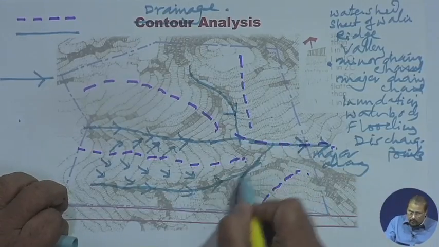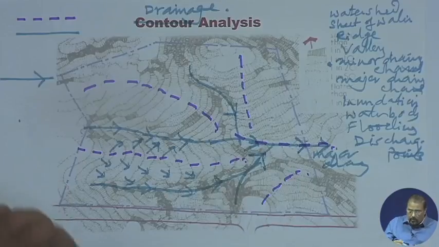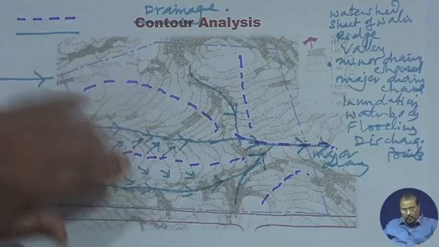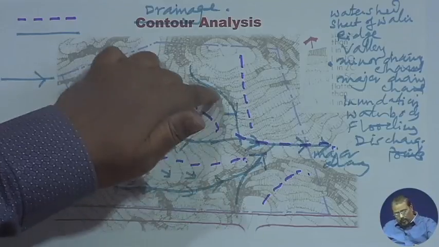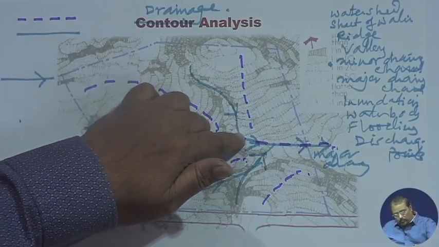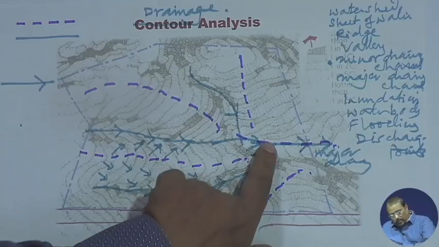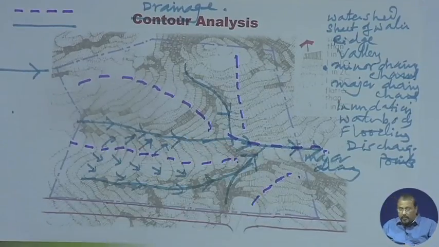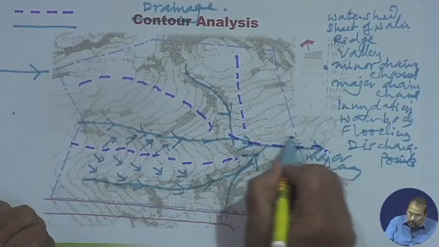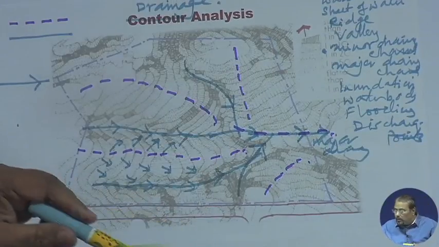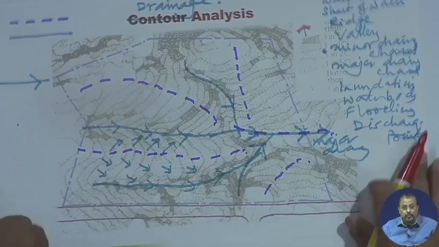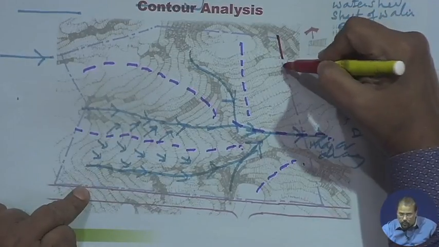So now my drawing is becoming complete: water is coming from this to this, then flowing through this, getting connected with another one, coming to this, getting connected with another one, and then going in this direction. Now look at this particular line, which is very faint at this point.